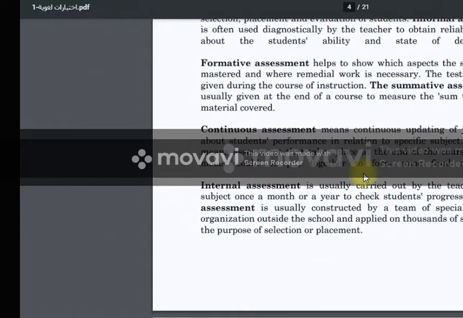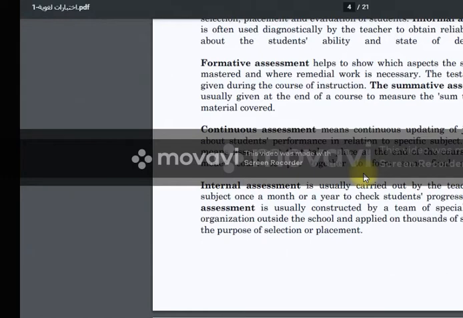So if it is designed by the teacher of the first type, so it is internal in the sense that it is designed by someone within the staff inside the school. So it is designed by someone within the teaching staff of English language.